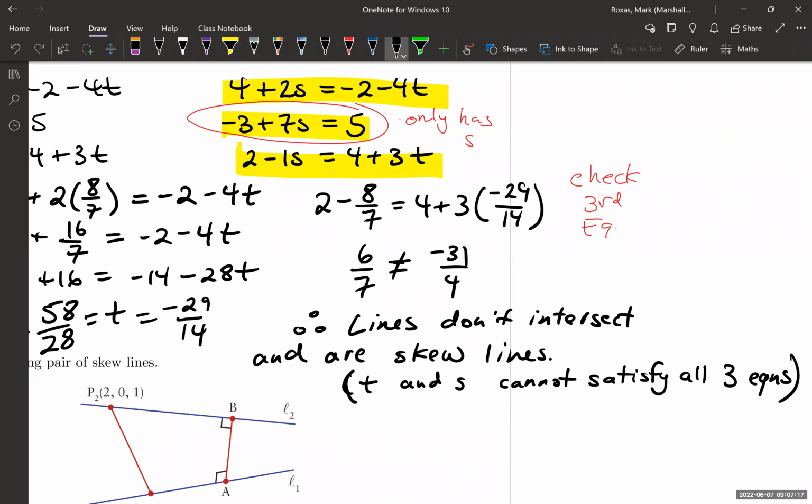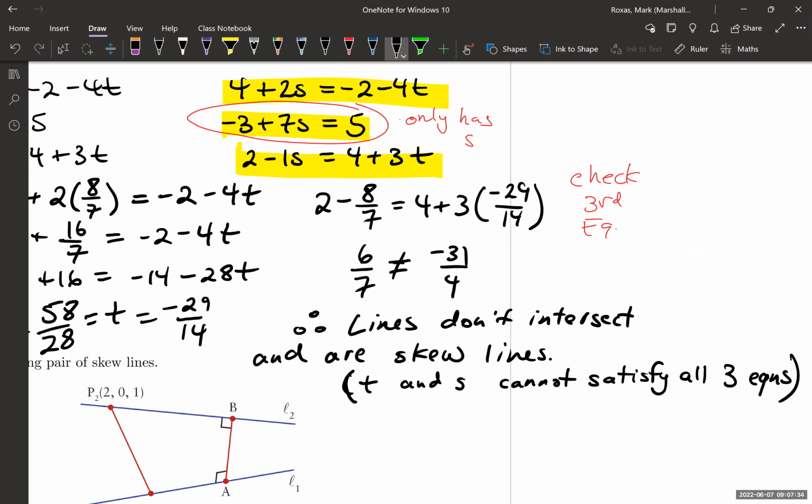Okay. So those are all the different cases, examples of each case. So you have an example on parallel lines, you have an example on intersecting at one solution point, and now you have an example on what it looks like when they are skewed.